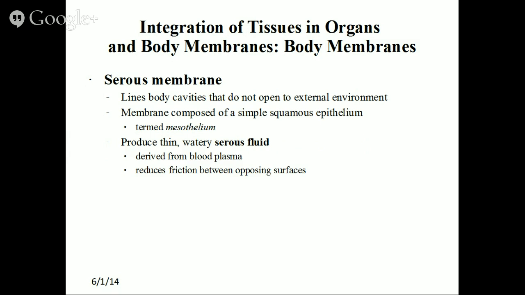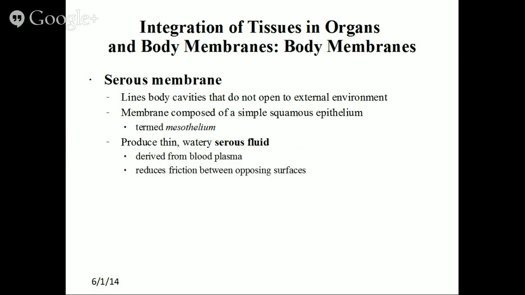And instead of having two extremely important internal organs rubbing against one another and producing friction, the serous membrane keeps them from creating that friction, because whenever you create friction, you lead to heat and damage. And when you lead to heat and damage of a tissue, you lead to inflammation. And when you have inflammation, that can lead to a lot of disorders, right? So don't forget that. Serous membranes are extremely important.